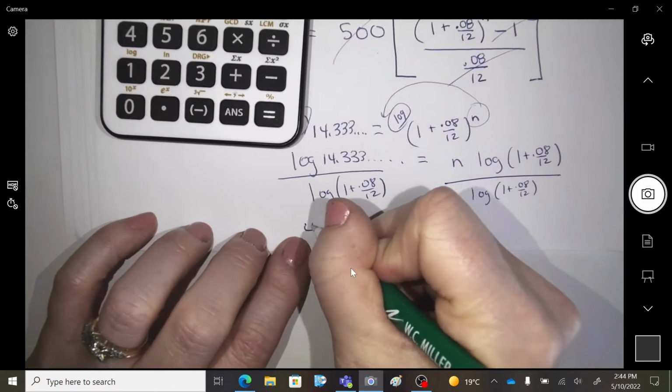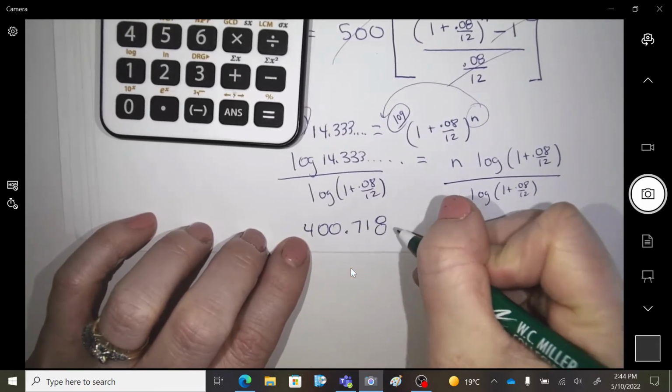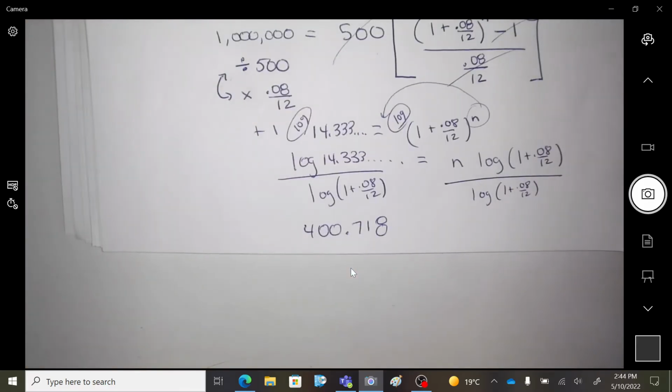Okay, so we have to talk about how to answer this though. This is telling me how many times I'm going to be depositing money, how many months. So no matter what, you're going to have to round up.